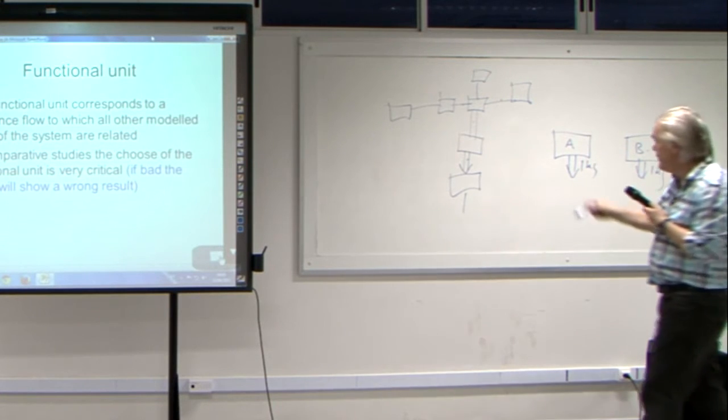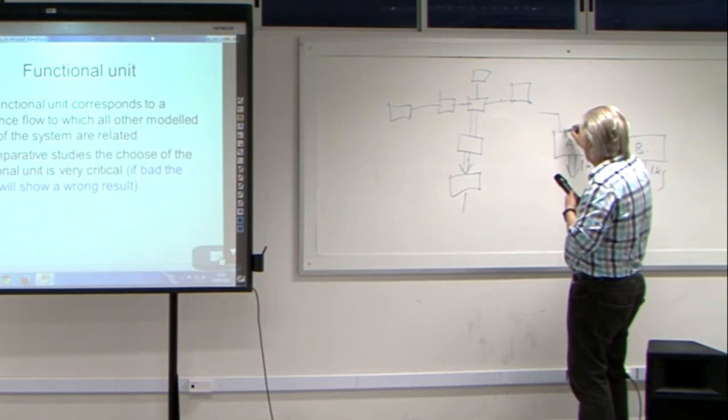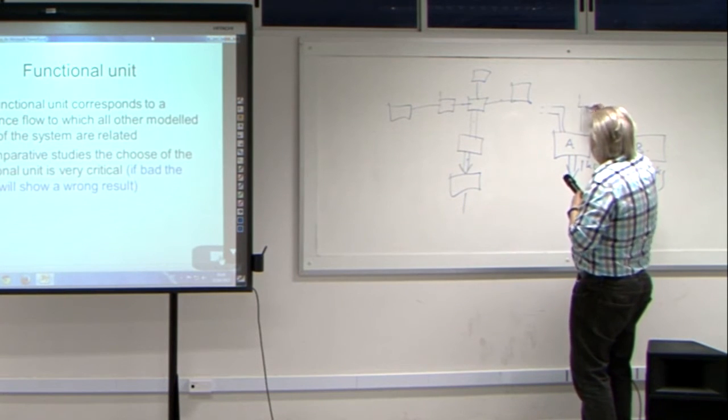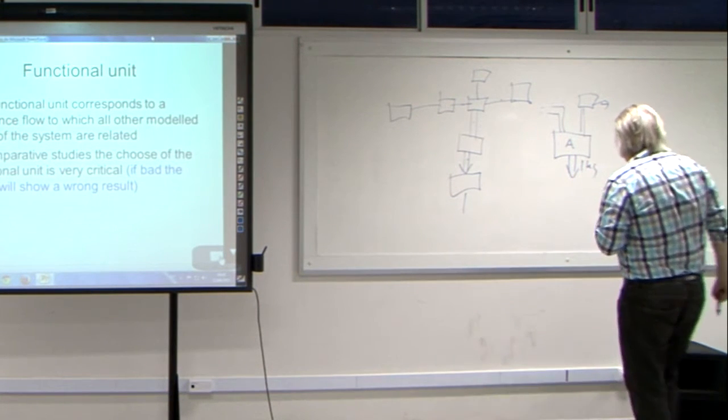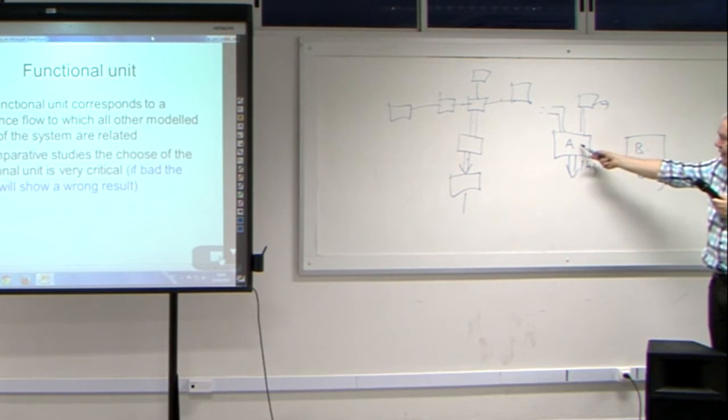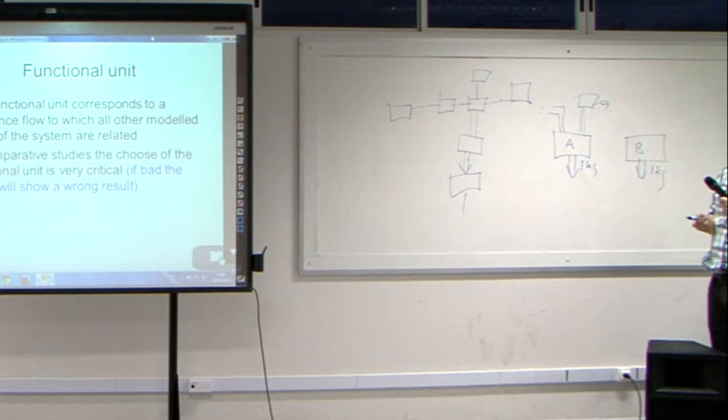And then I start to calculate all types of flows in the flow sheet and the emissions. As you understand, this can be crazy. But if I choose 1 kilogram of clean laundry, then it's fair.